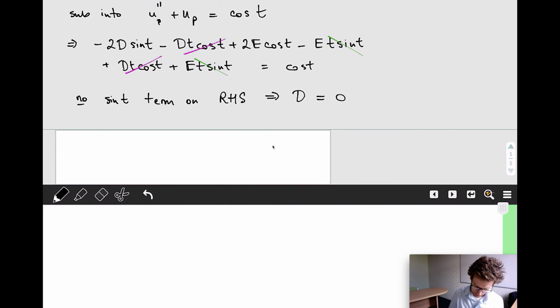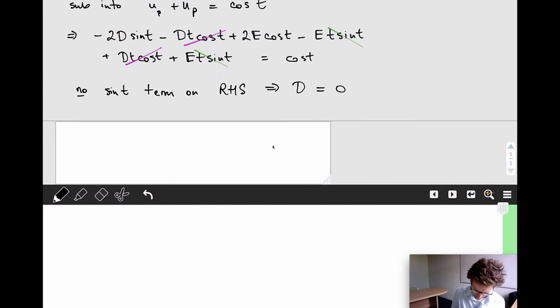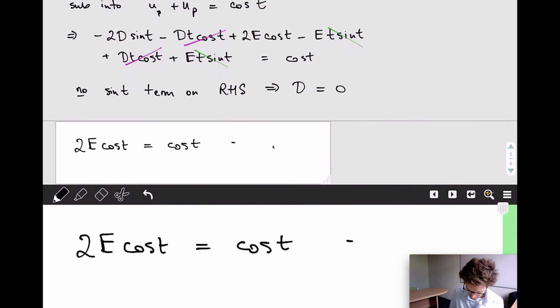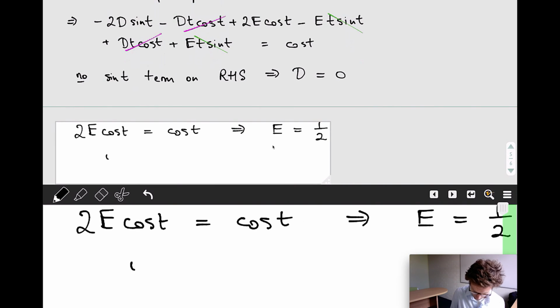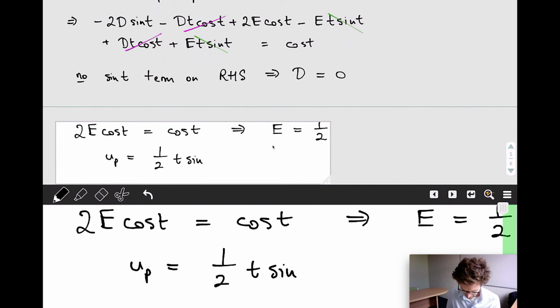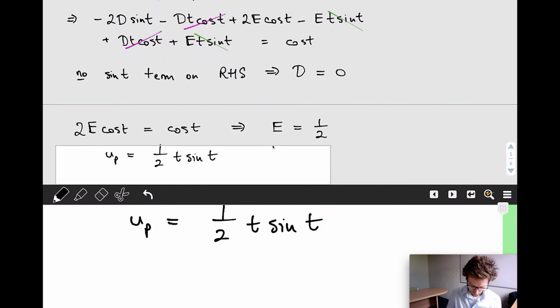On the other hand, matching the cosine t terms, we get 2e cosine of t is equal to cosine of t, which gives that e is equal to 1/2. So my particular solution, u_p, is going to be given by dt cosine t, so that was 0, plus e t sine t.